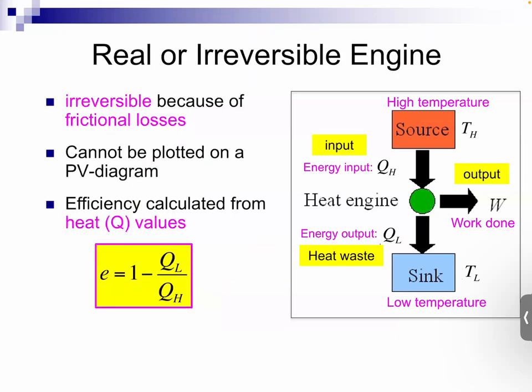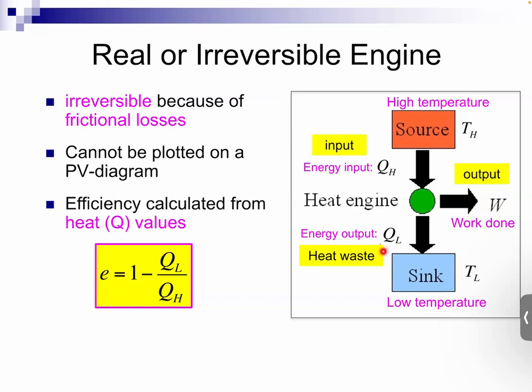So the engine that we talked about is a real engine. There are frictional losses, and because there are frictional losses, you cannot just collect the total energies in the output and the heat waste adding up to the input. There are frictional losses somewhere here in the work done.